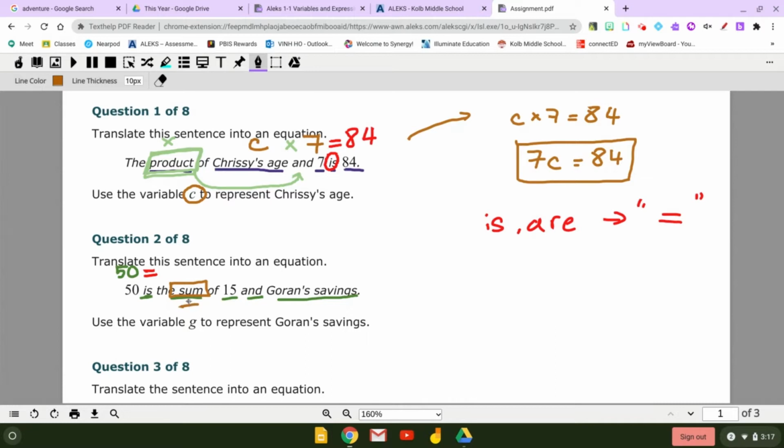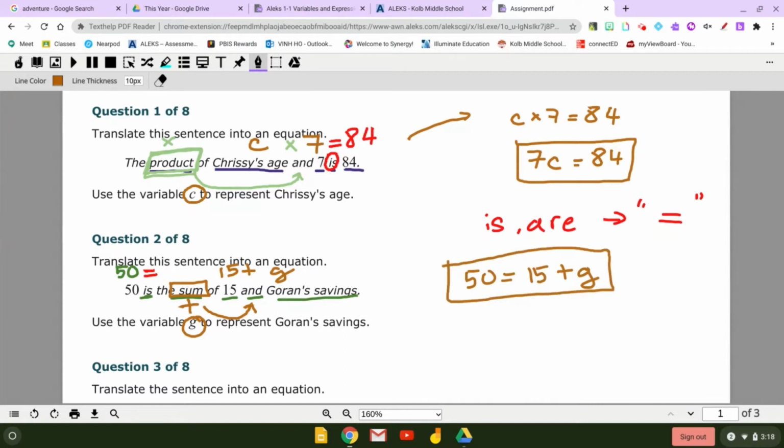Sum means plus, and it goes in place of N. So 15 plus something. Goran saving: use the variable g to represent Goran saving. So that's just g. So our equation will be 50 equals 15 plus g. And that's it. That is our answer.